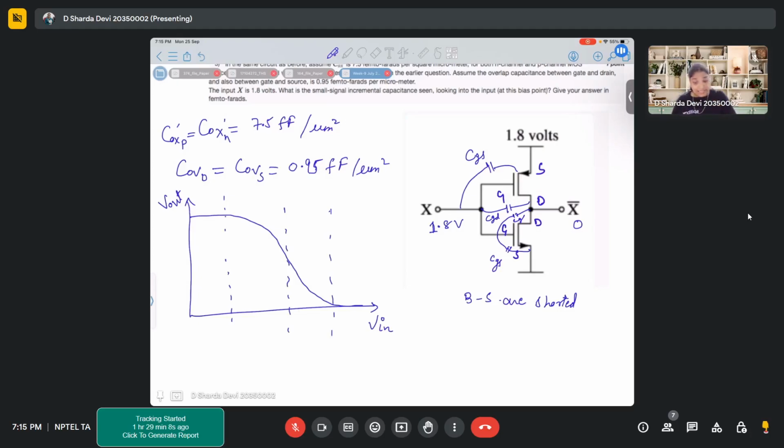So it is considered that in the first region, like this region, N is in cutoff, P is in linear. Similarly, at this particular point, P is in saturation and N is also in saturation.